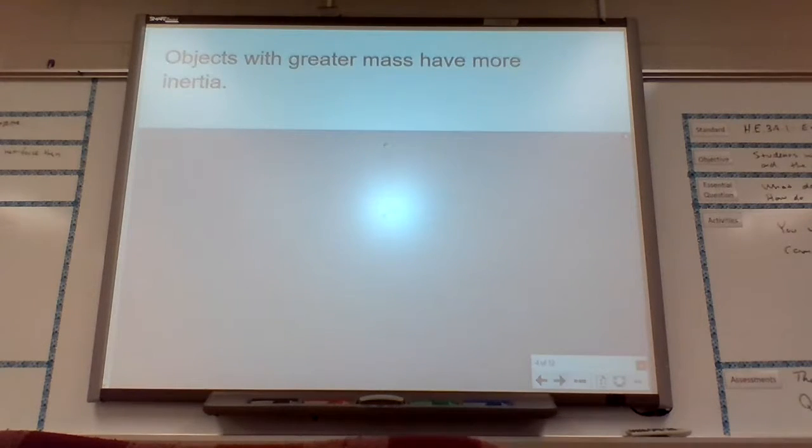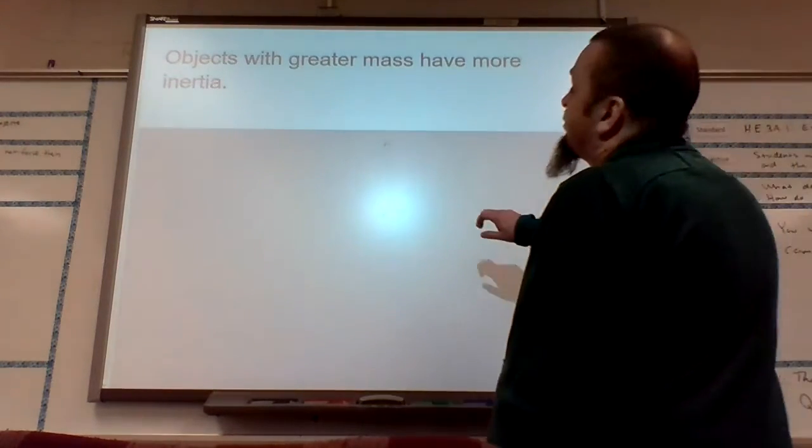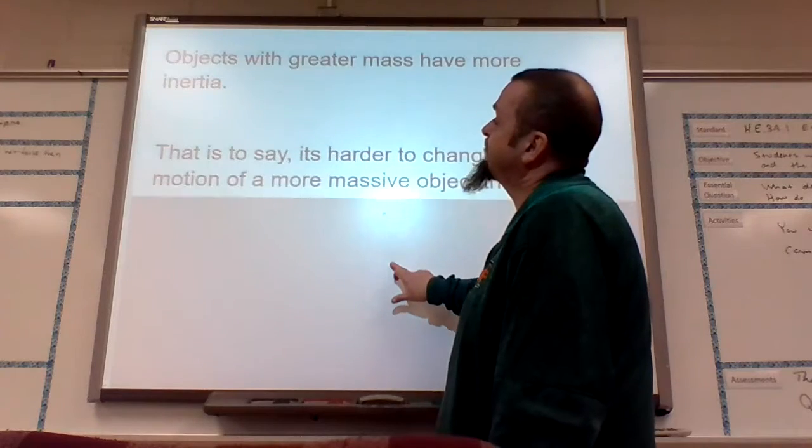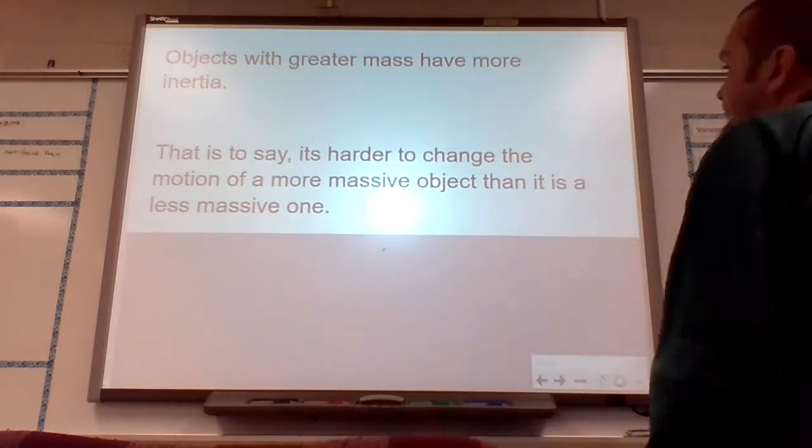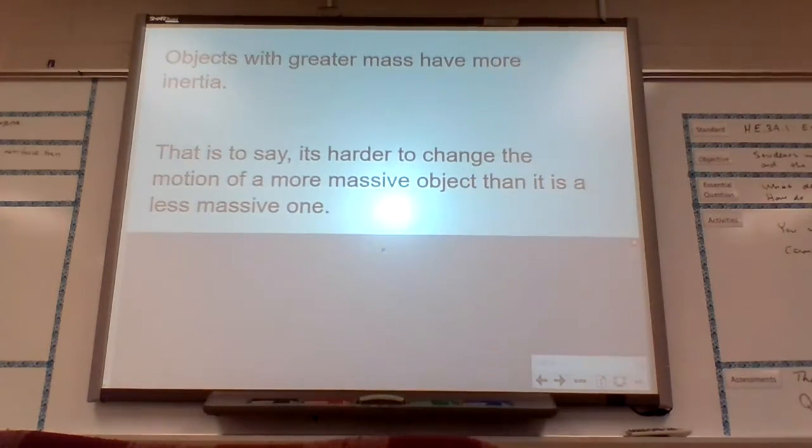It can be upwards of a mile long. All those cars, all that mass, tons of inertia. Stopping it is very difficult. Again, when something has greater mass, it has more inertia, so it's harder to change the motion of more massive objects than it is for less massive ones.